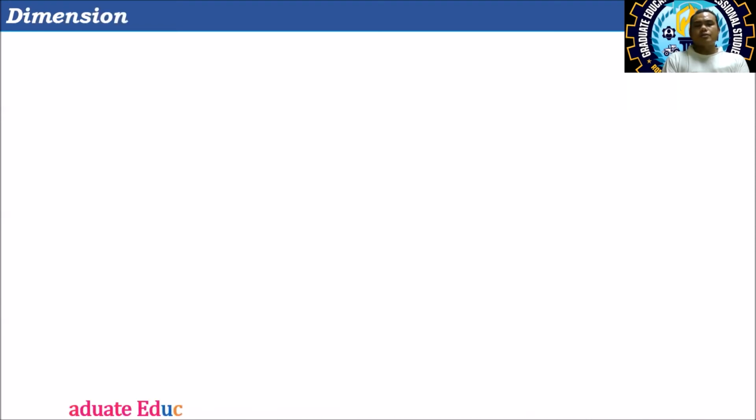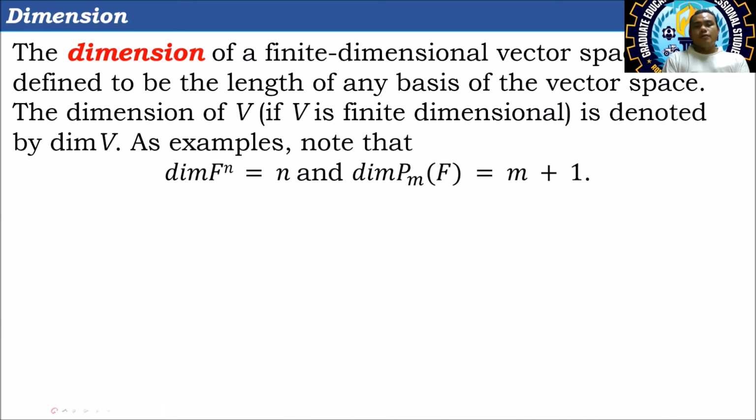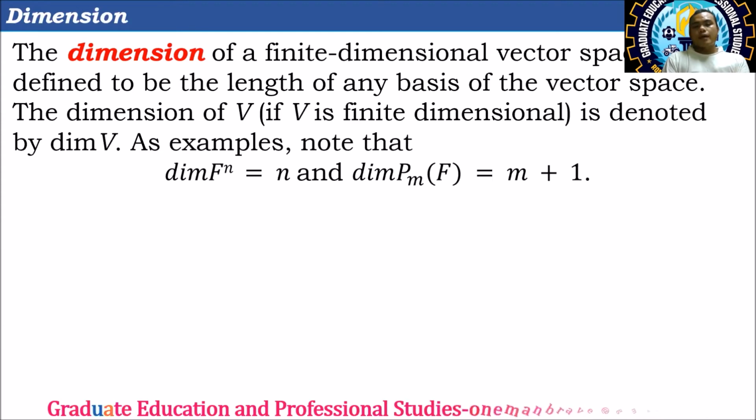What is a dimension? The dimension of a finite dimensional vector space is defined to be the length of any basis of the vector space. The dimension of a finite dimensional V is denoted dim V. As examples, the dimension of F^n is n, and the dimension of P sub m of F is equal to m plus 1.